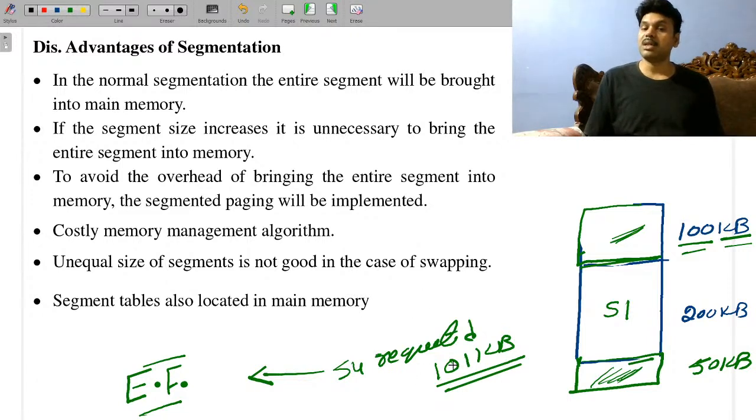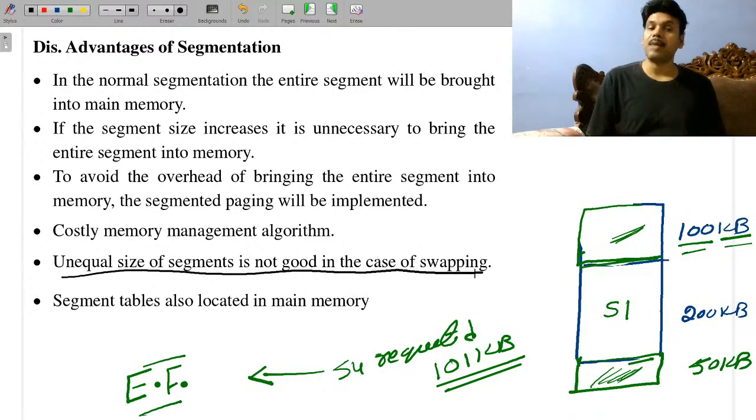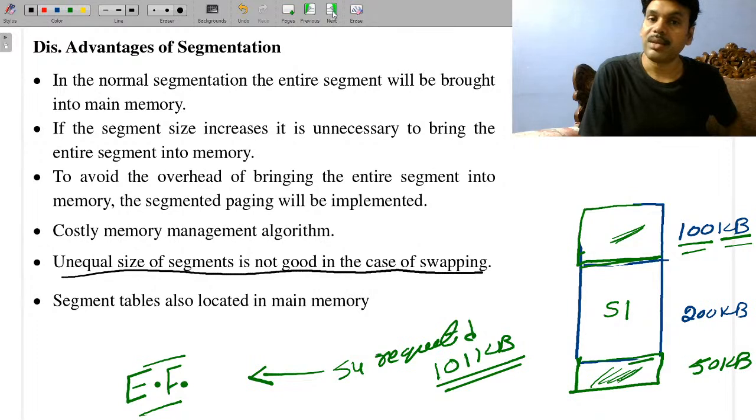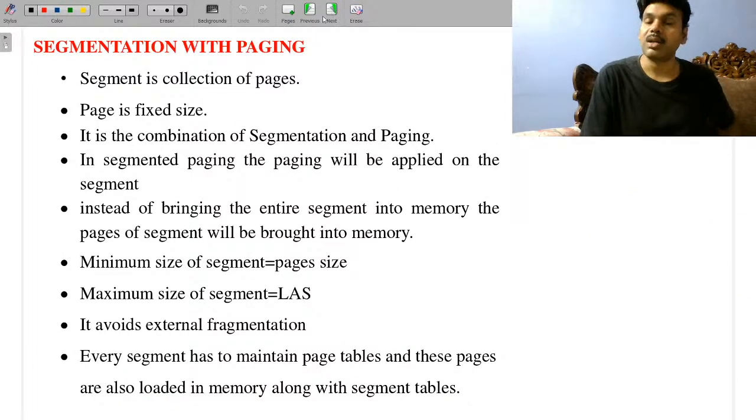And the second is external fragmentation. Unequal sizes are not easy to swap, and external fragmentation you are going to see especially in the segmentation concept. So in order to avoid this problem, there is a requirement of what?